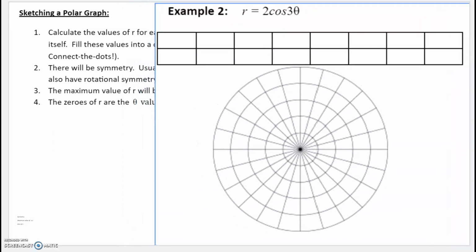And if you want to come back to this one, I'll do a different video for example number 2. That first one was called a Limacon. This one's a rose. I'll save this rose example for another video.